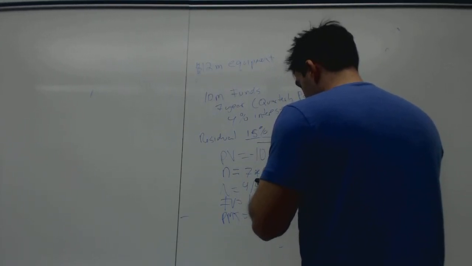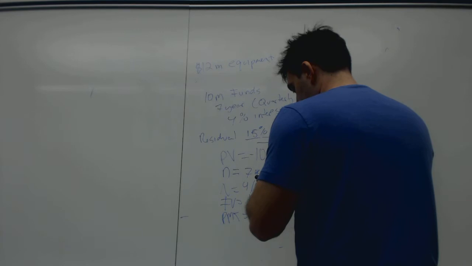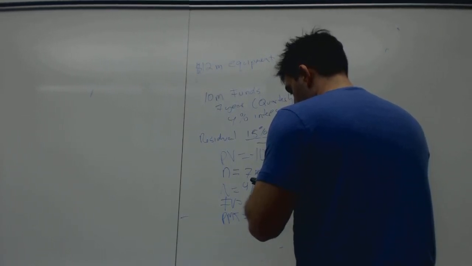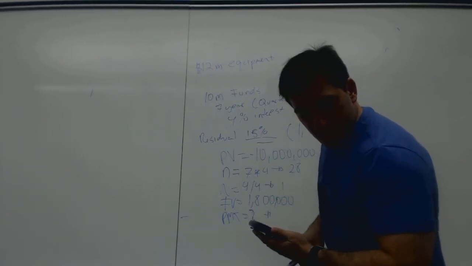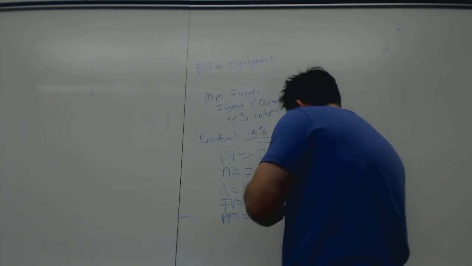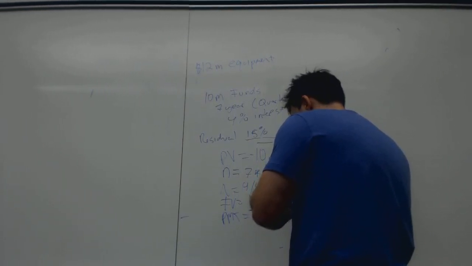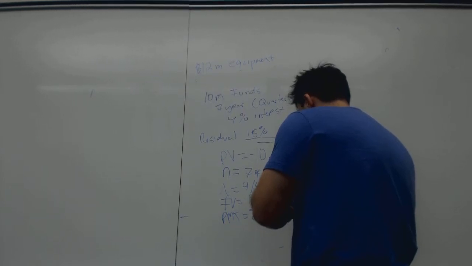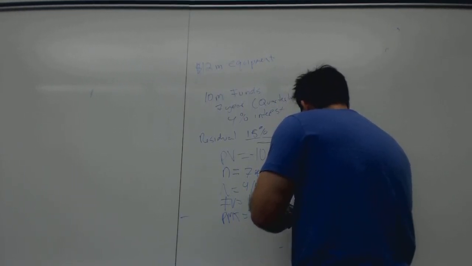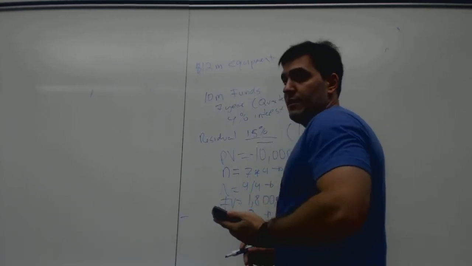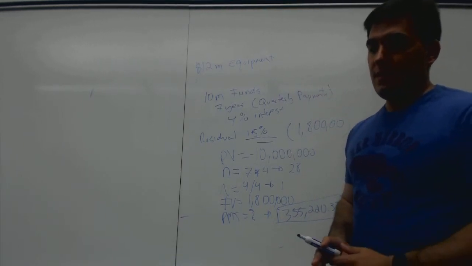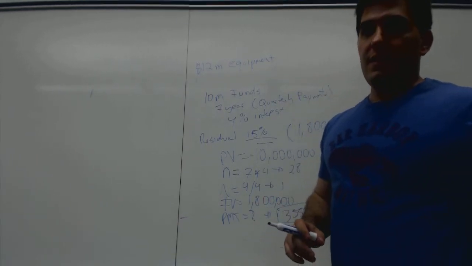Our periods are 28, and we have a rate of 1 on this payment. And we get a payment of 355,220.37. So each quarter.